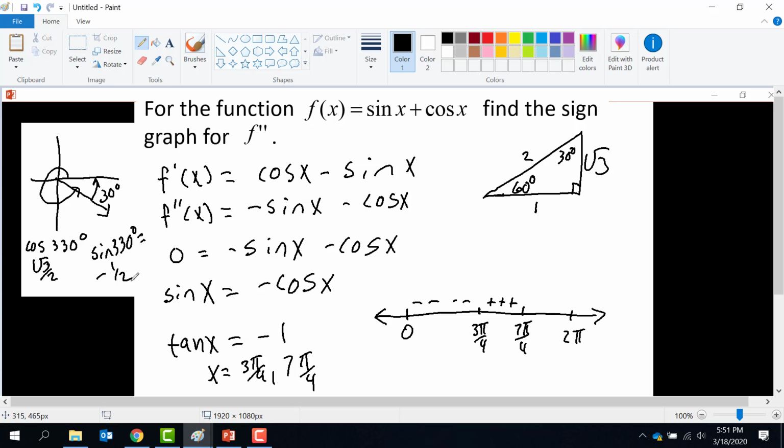But your second derivative is the negative sine of x, so that'll be a positive 1/2 minus the square root of 3 over 2, and the square root of 3 over 2 is more than 1/2, so that will give us a negative output. And so we have inflection points at 3 pi over 4 and 7 pi over 4, and those happen to be our intercepts, I believe.